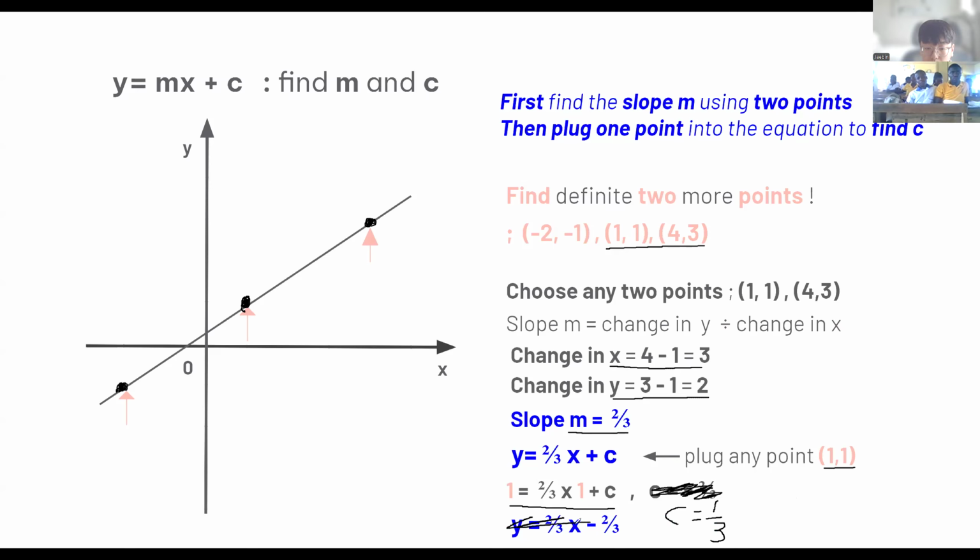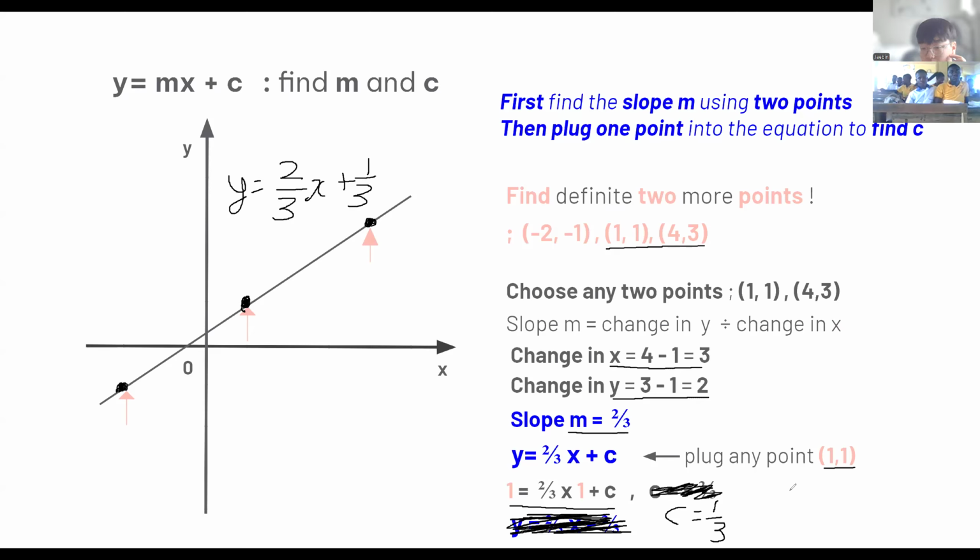Therefore, y is equal to 2 over 3x plus 1 over 3, right? Does everyone get how to solve this question?